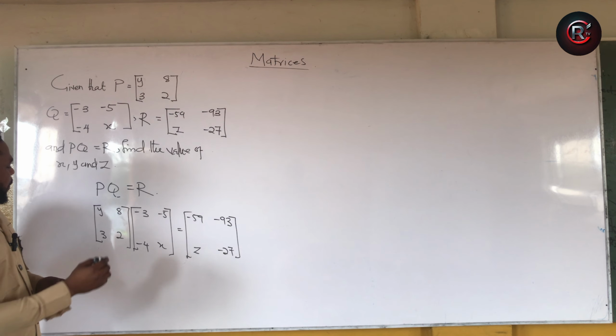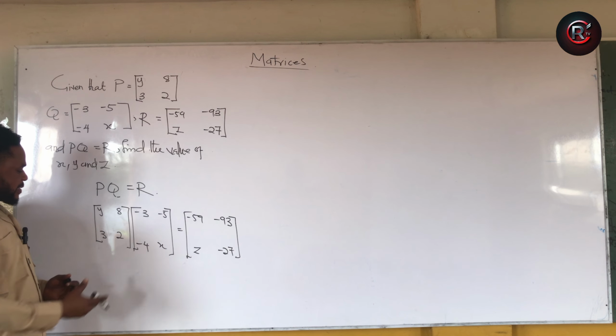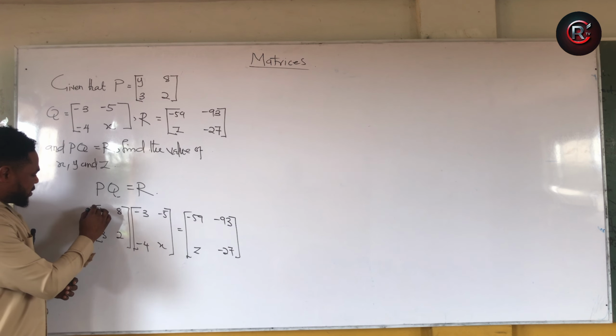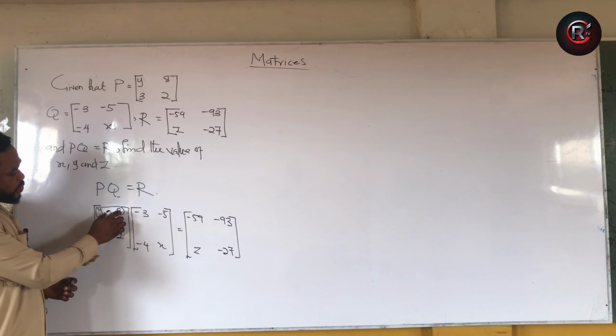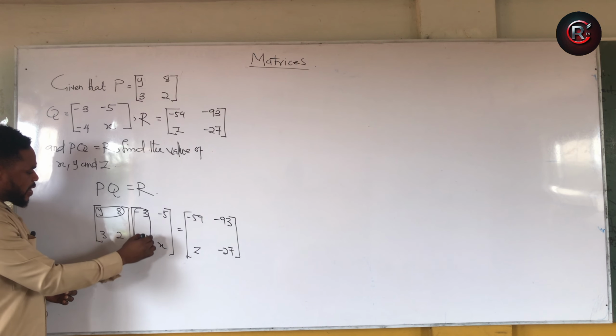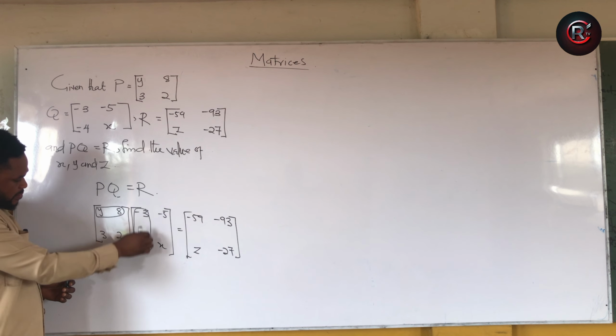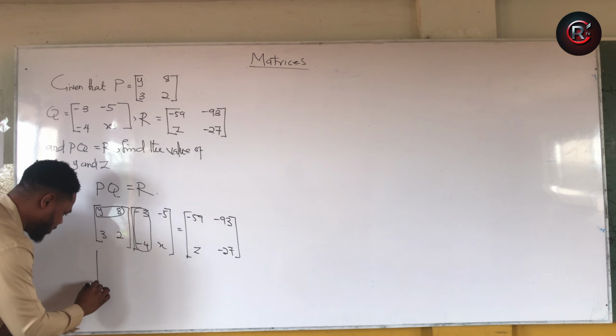We have many approaches to multiply, but we can take this simple approach. This is what we call our row matrix. We are going to use this row to multiply the whole of this column, so this by this.